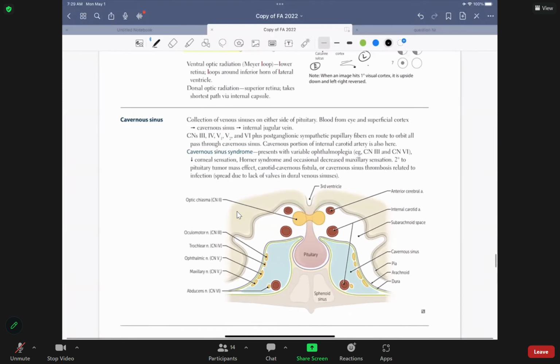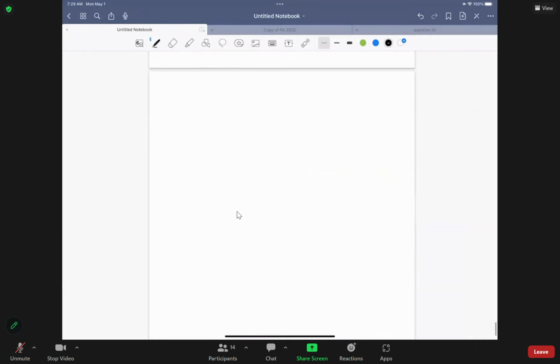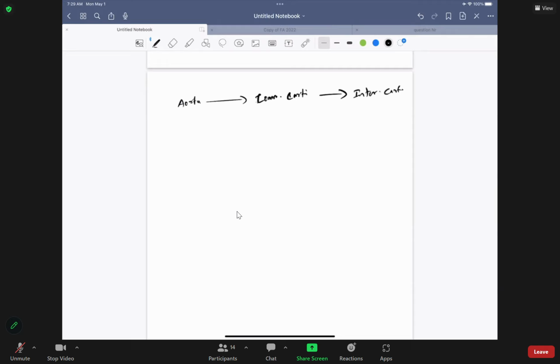Now last one, cavernous sinus. So the anatomy of cavernous sinus, folks. Now we're going to talk about this in the blood vessels. You did the arterial system, right? Tell me when the blood goes from the aorta, the blood goes to the common carotid, from common carotid to internal carotid, right?